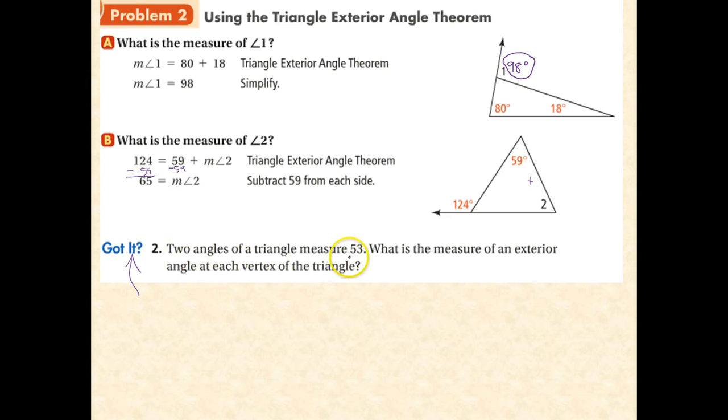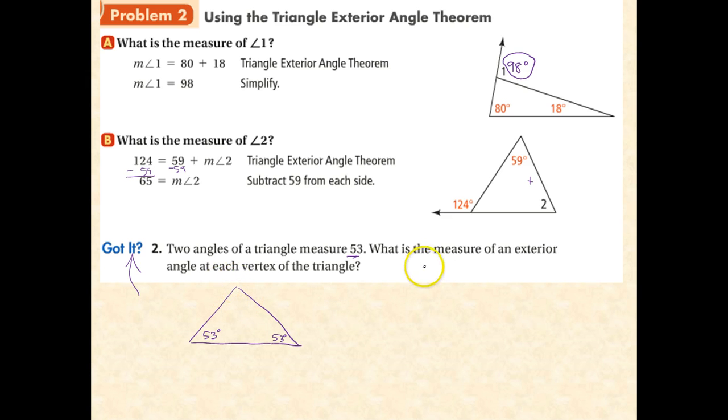Okay, so two angles of a triangle are 53 degrees each. Here's a triangle. There's 53, 53, and we can use the triangle sum theorem to figure out the measure of this angle.